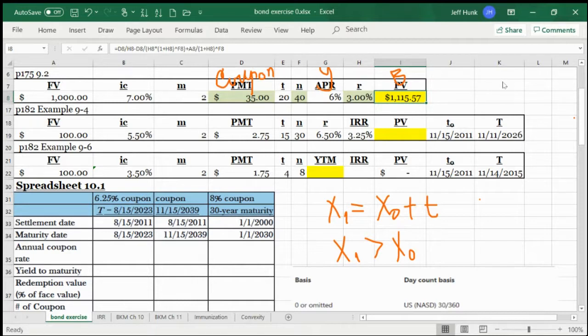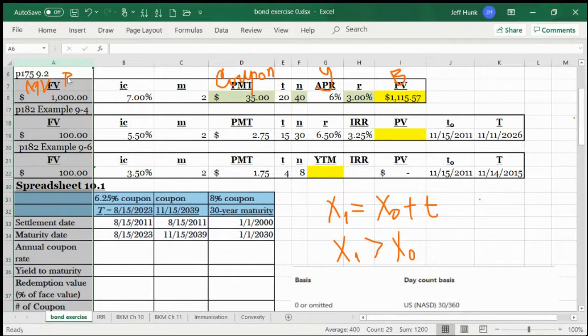And think about it. We could tell this is a premium bond or discount bond. It's a premium bond because the price is greater than the par value, or the maturity value. But even before you calculated this, you could tell that it would be a premium bond.